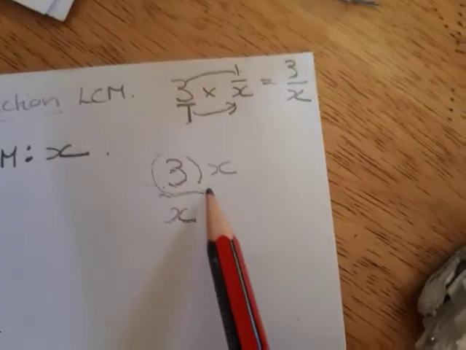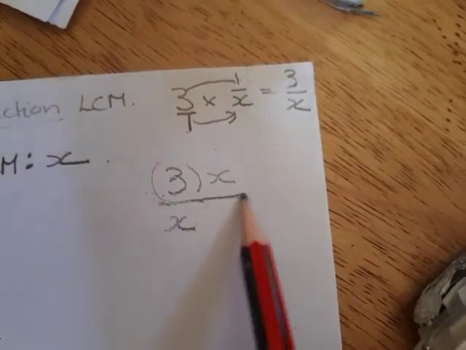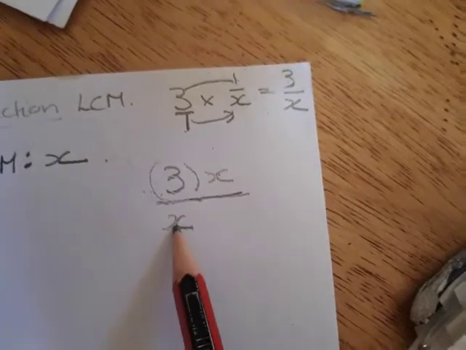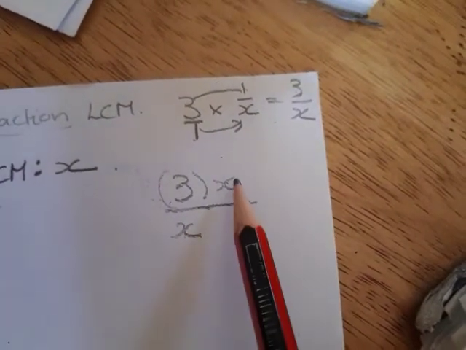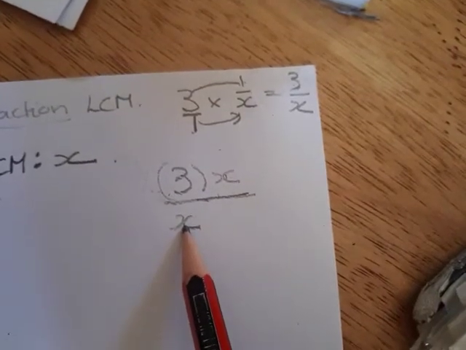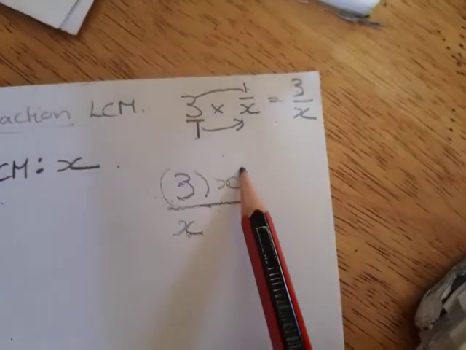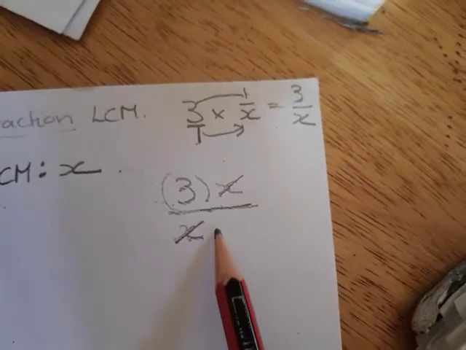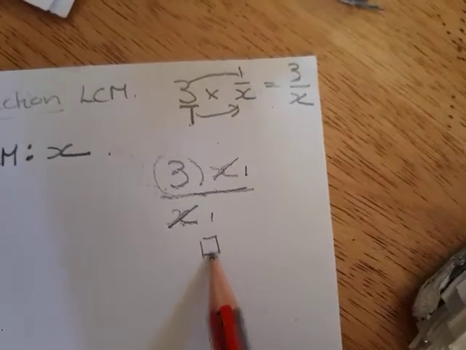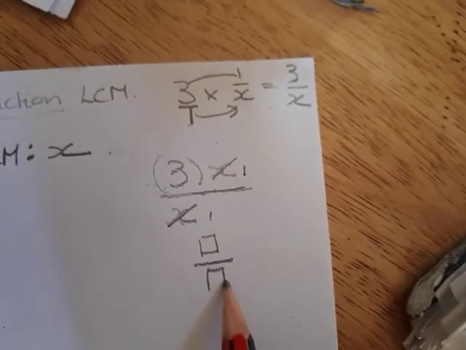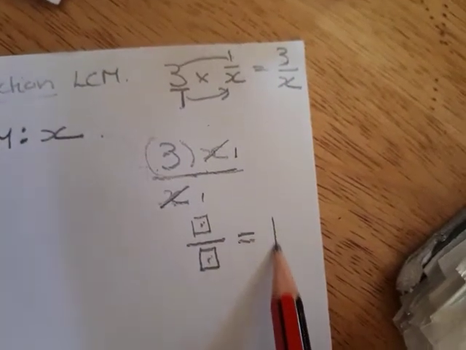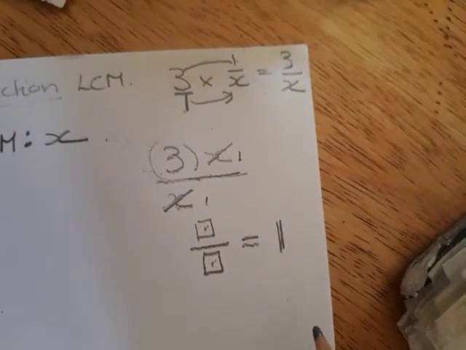Now if you just make your fractional line longer, then here you've got x over x. That really means, people, x divided by x, and x divided by x is equal to 1. I repeat, if you divide one number by itself, so these two must be the same, then you will always get 1 as an answer.